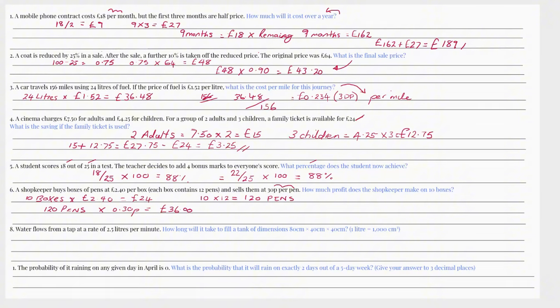And then finally, we want to work out the profit. So the profit is £36 subtract £24. So the profit is £12.